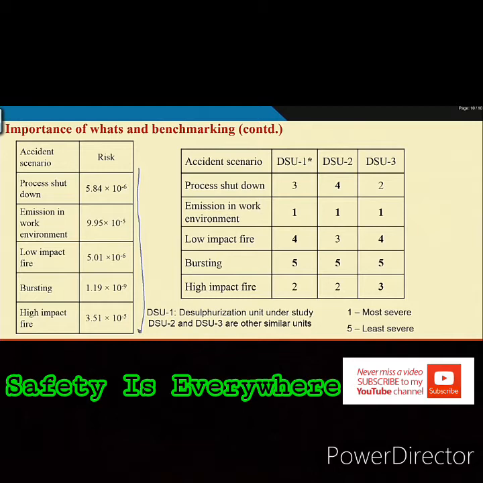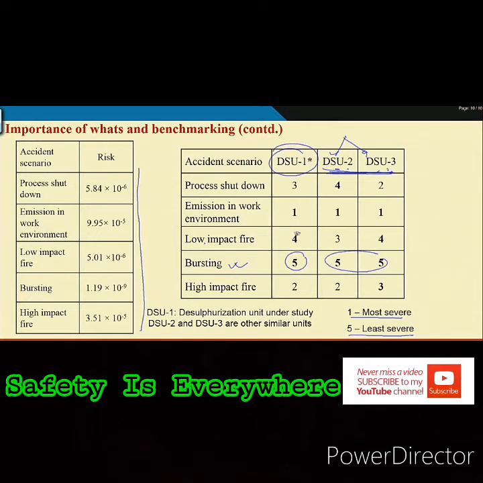Now, what we said is that you compare your risk value with the benchmark. We did not get any benchmark for such a system, but hypothetically we created two other similar systems, and then we compare our system vis-a-vis the comparable systems. Then we found that 1 is most severe and 5 is less severe in terms of risk. So, from this scenario point of view you are doing fine, others are also doing fine.